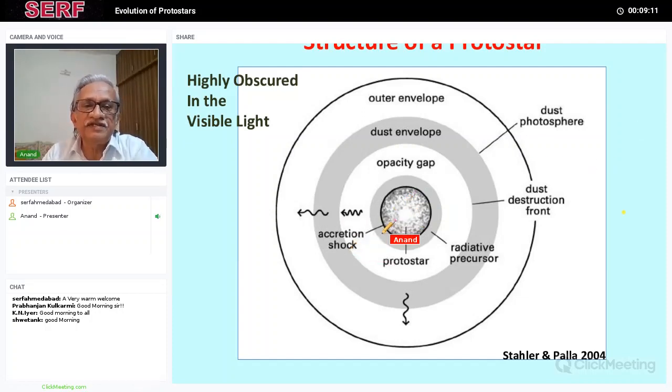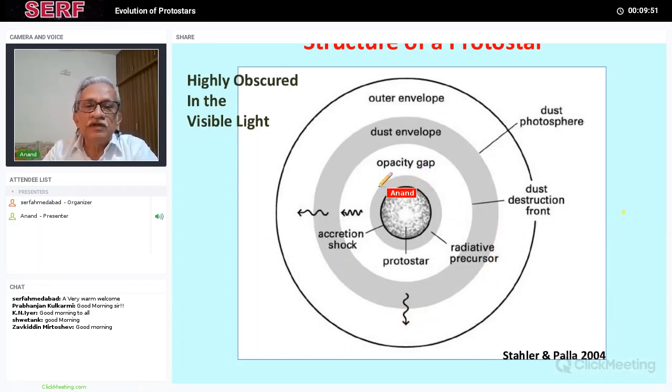Therefore, there will be an accretion shock which goes outside like that and tries to evaporate whatever material is available in this region. So there will be a shock propagating outwards, and that will evaporate the dust and so on surrounding that. So this is the dust destruction front over here, and this is the dust envelope itself, and outside which there is an outer envelope in which gas and so on. So the surface of the dust envelope is called the dust photosphere.